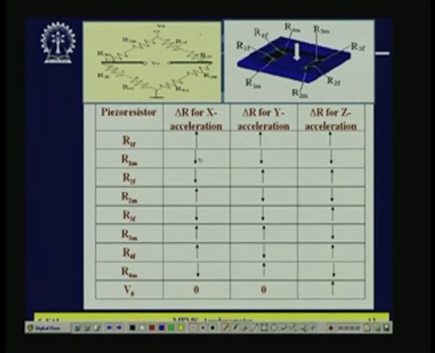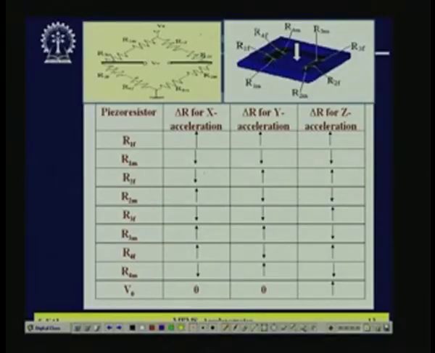Now if you look into the individual resistances, there is delta R for x acceleration, delta R for y acceleration, delta R for z acceleration. Now under the no stress condition, if I make all the resistances of the same value, which is nearly 1.5 kilo ohm, in fabrication it may vary a little bit, maybe say 1.3 to 1.5 kilo ohm, all the resistances are the same, then under no stress condition the total resistance value of each arm will be 3 kilo ohm.